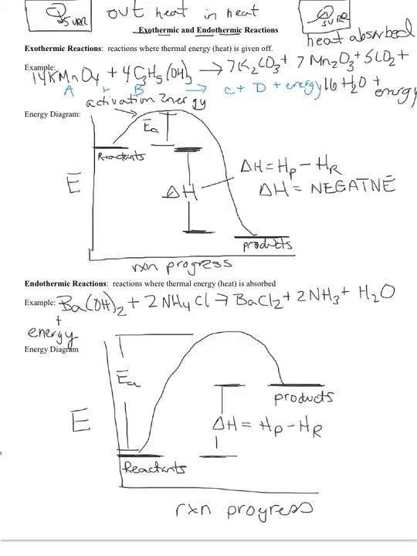In this case, if you have a larger amount of energy in your products compared to the reactants, delta H for endothermic reactions is a positive number. Energy was being absorbed from the surroundings, so our products have a higher potential energy than our reactants.